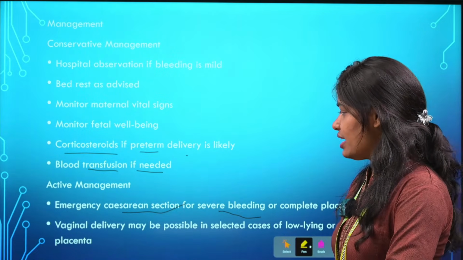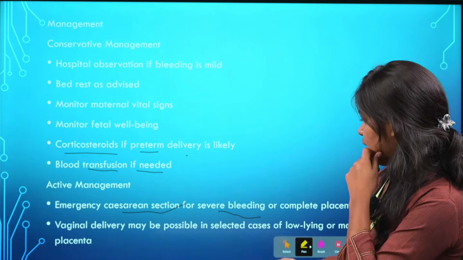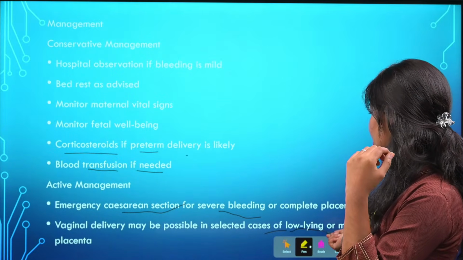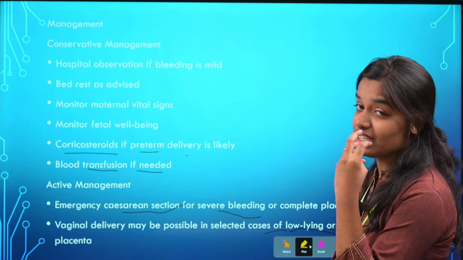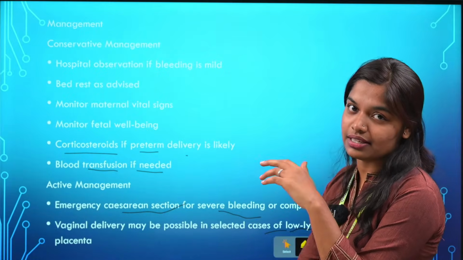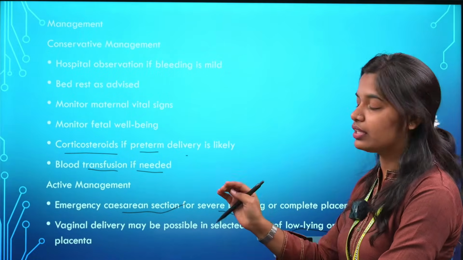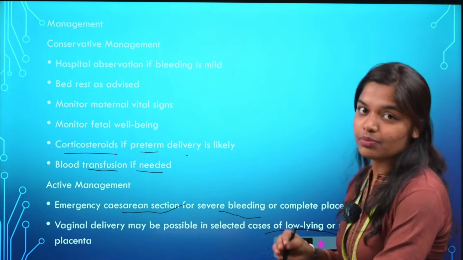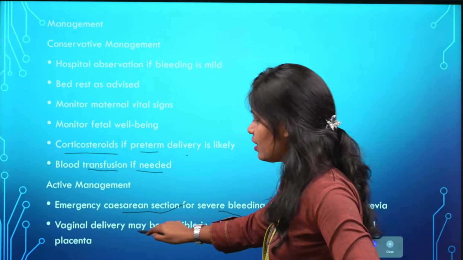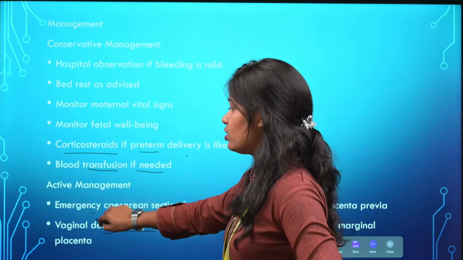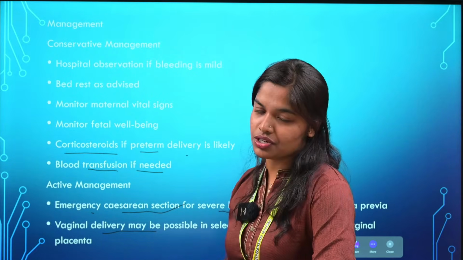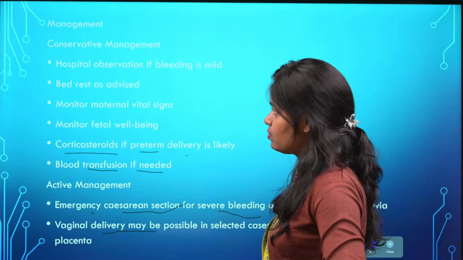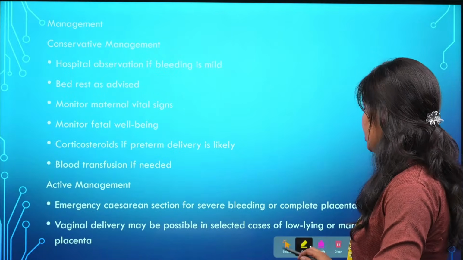Vaginal delivery may be possible in selected cases, with a low-lying or marginal placenta. If it is not possible, then we do an emergency cesarean section. This is the management regarding placenta previa.